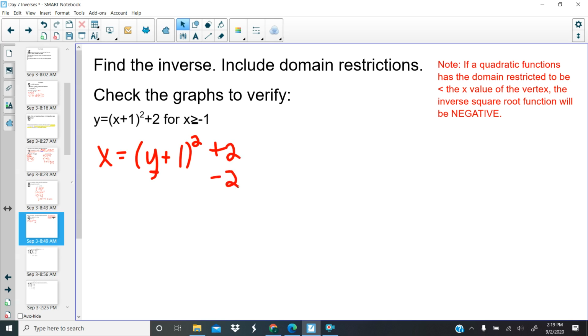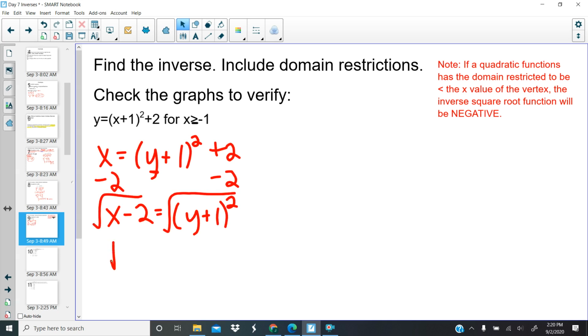So I'm going to subtract 2 from both sides. And I have x minus 2 equals y plus 1 squared. Now I need to take the square root. So I would have the square root of x minus 2 equals y plus 1. So I don't need that parentheses.